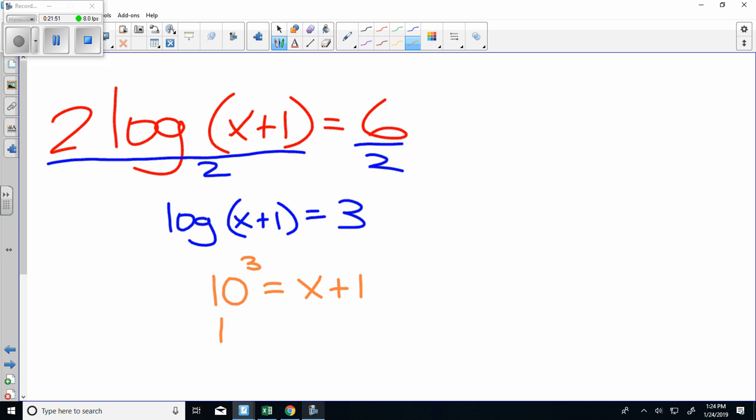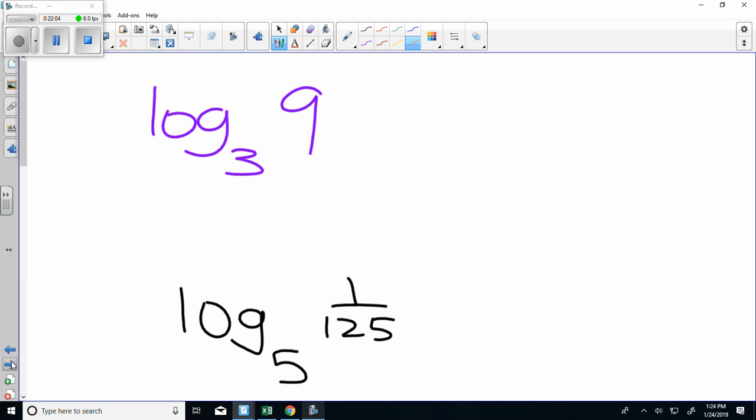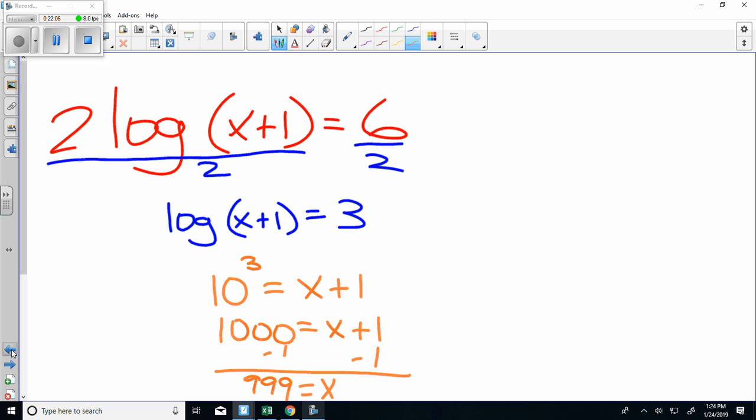And 10 to the third is 1,000. Subtract 1, so x is equal to 999. And that, I do believe, is everything that you will see in solving exponential and logarithmic equations.